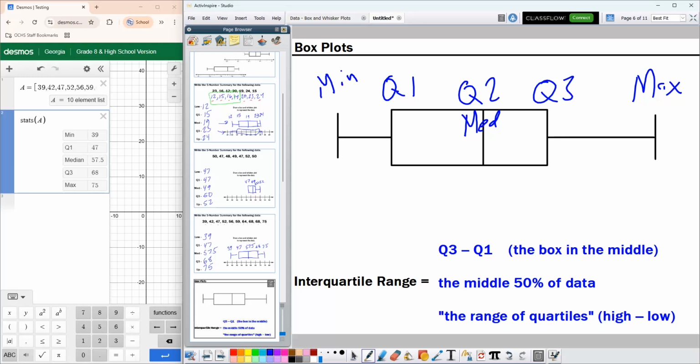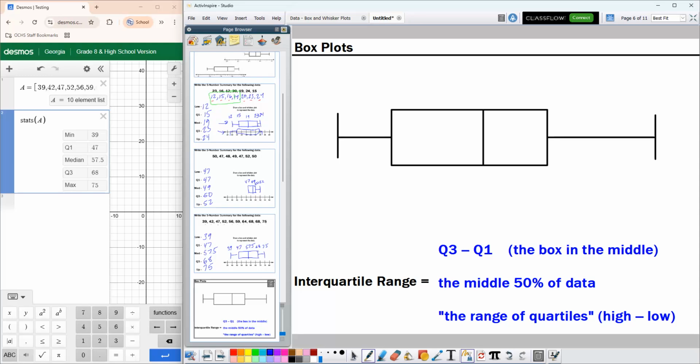Something else to know right here, it says middle 50% of the data. What does that mean? That means that in between each of these is 25% of all the data. What does that mean? That means that if you had, let's just take 100 numbers that we had typed over here in Desmos, if we push that comma 100 times, or maybe 99 times, but you punch in all 100 numbers, then 25 of those numbers would be right in here.